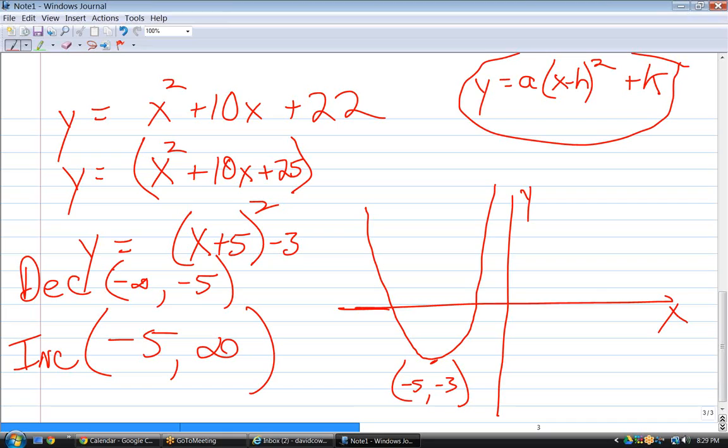Now, I can't use brackets on both, right? Because then I would be saying that at -5 it is both decreasing and increasing, which wouldn't make sense. So this thing is always decreasing up to -5. At -5 it's neither increasing nor decreasing, and then from -5 to infinity it's always increasing.